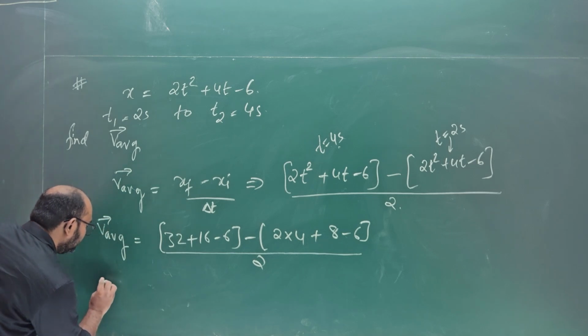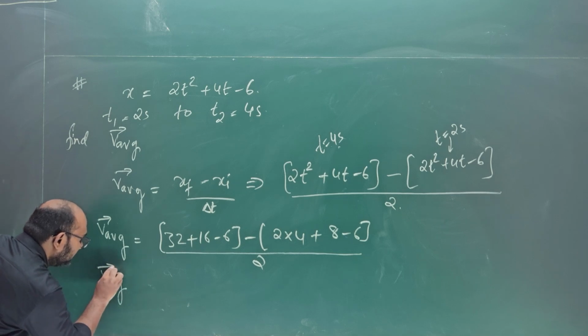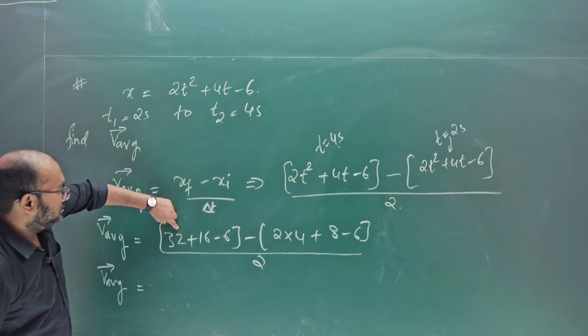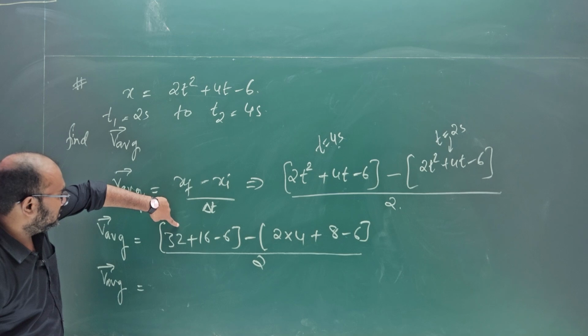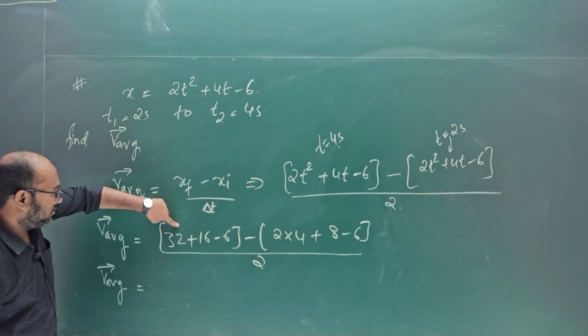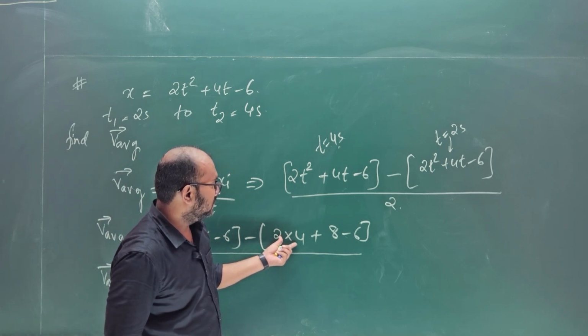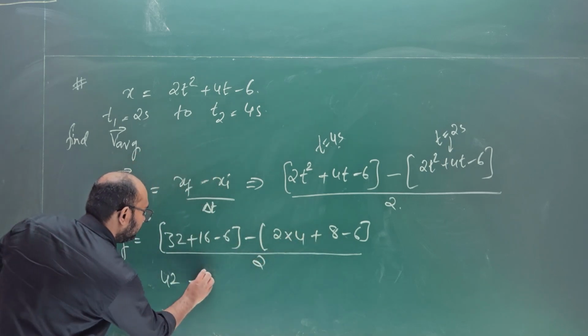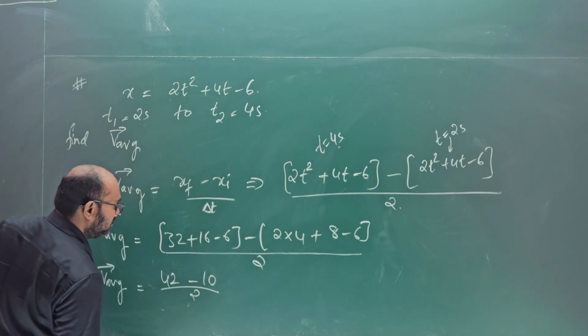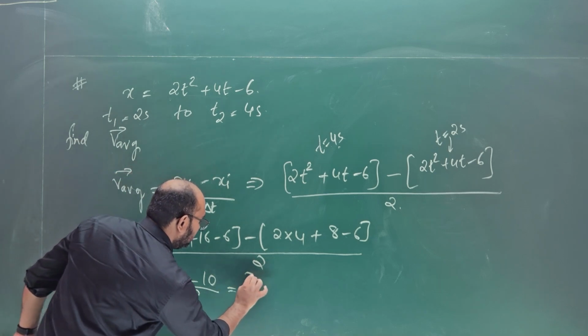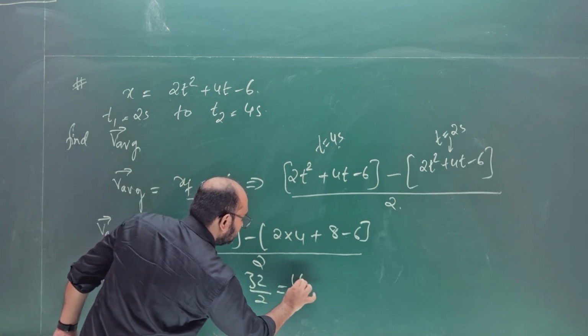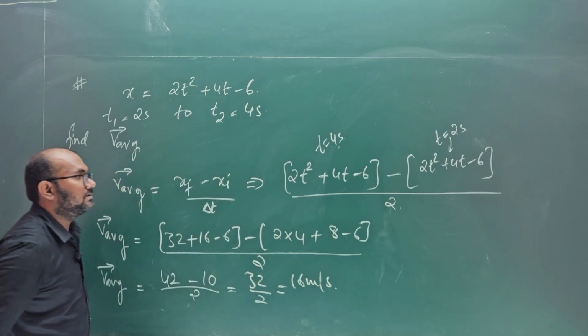Solve this. So V average is 32 plus 16 minus 6 is 42, minus 10, that is 32, divided by 2. That means 32 by 2, that is 16 meter per second.